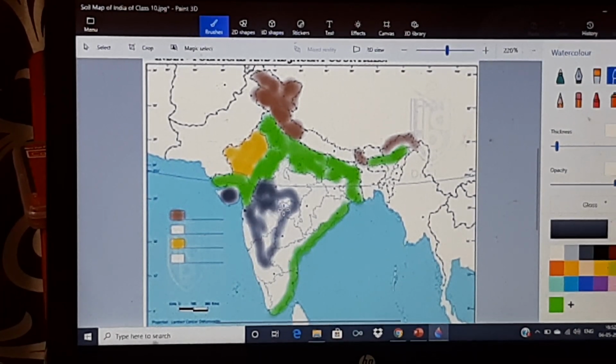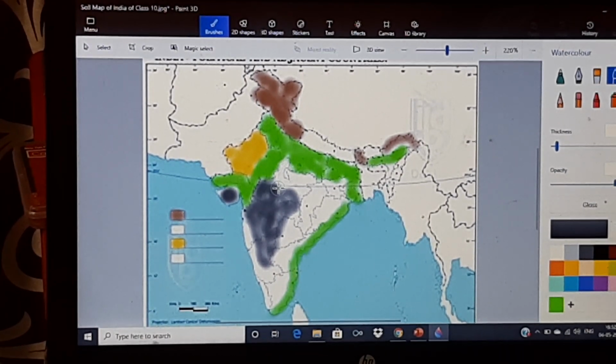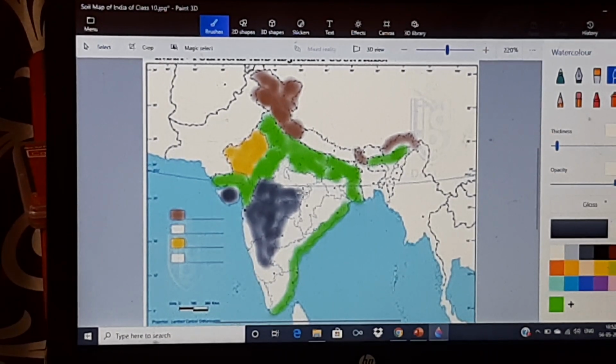This is black soil zone. This entirely is a patch of black soil, the plateau region part. That is why it is having a zone of black soil. This is a black soil area.